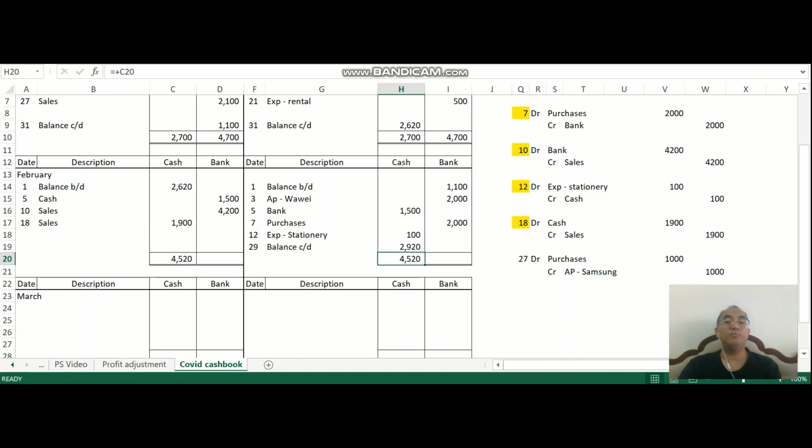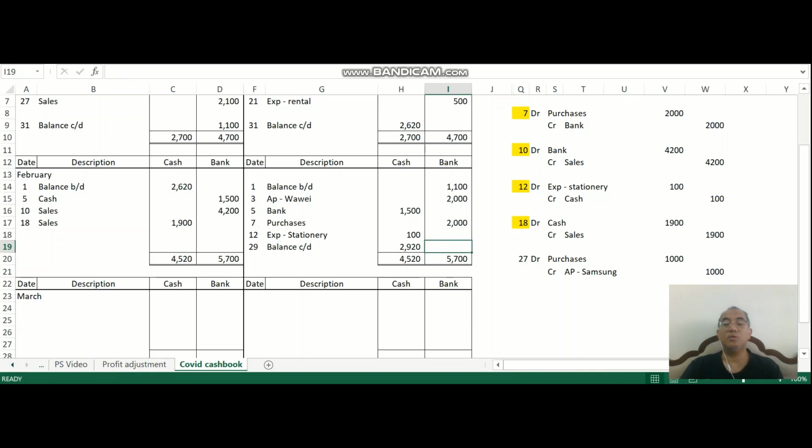What about bank? Which one is bigger? This is 5,700. This is 5,100. Okay, this one is bigger. Okay, I take this 5,700 as the base.